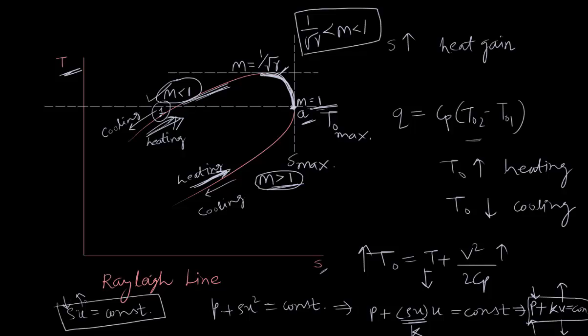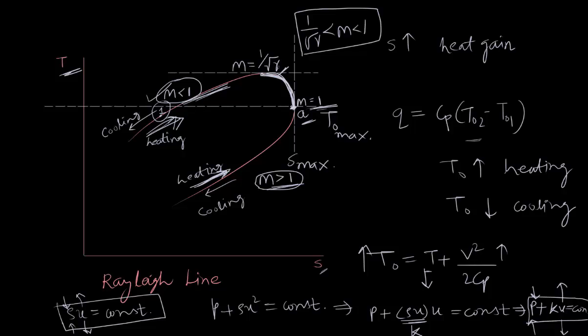Now consider another case in which we are adding heat to the supersonic flow. What will happen? Its Mach number is decreasing and hence its velocity. So from this equation, if velocity decreases, its density should increase.